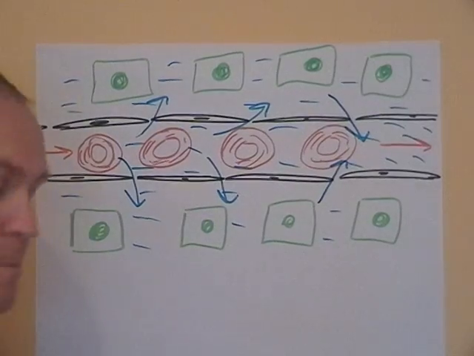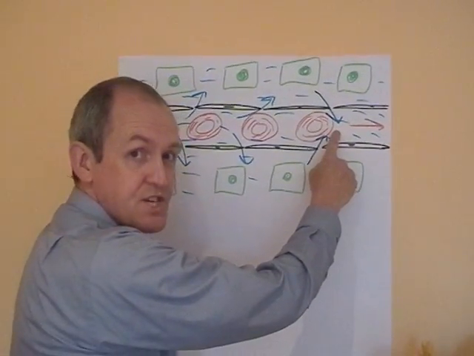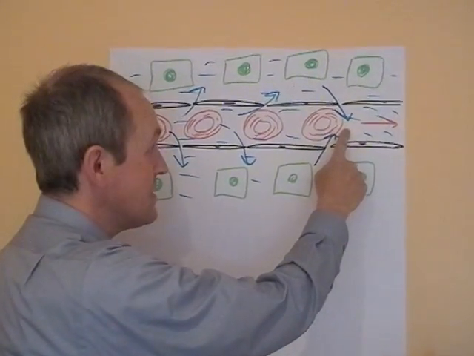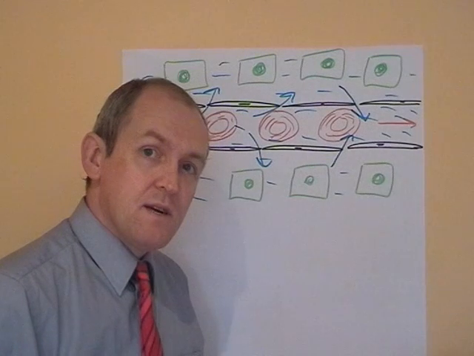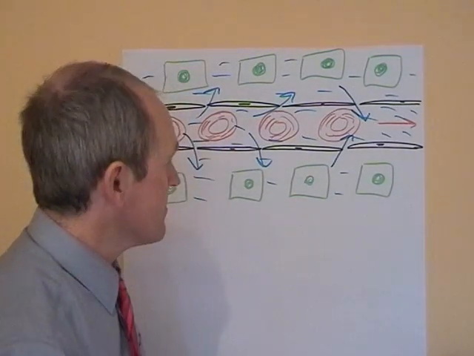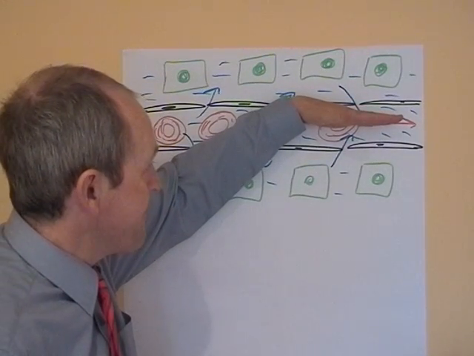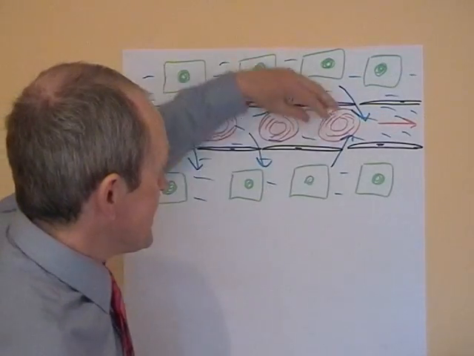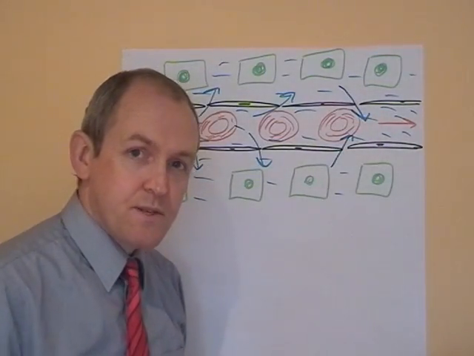But there's another factor. If the pressure at the venous end of the capillary is higher, what's that going to do to the amount of tissue fluid which is reabsorbed? Well, if the pressure here is higher, can you see that's going to reduce the amount of water that's reabsorbed?